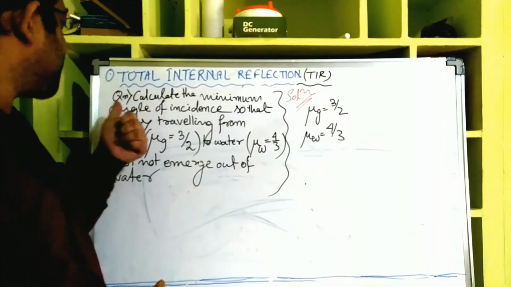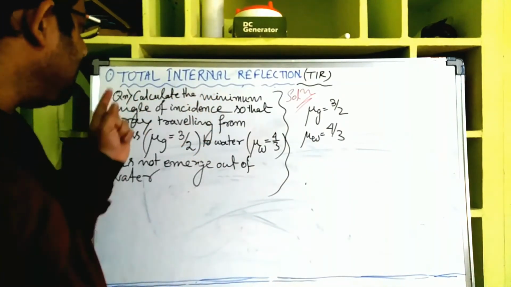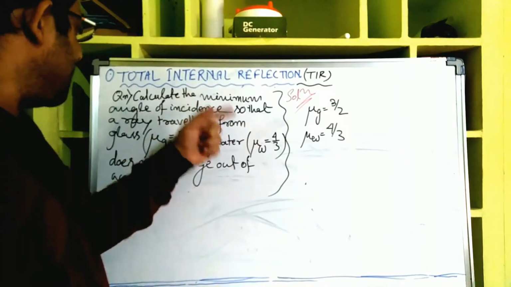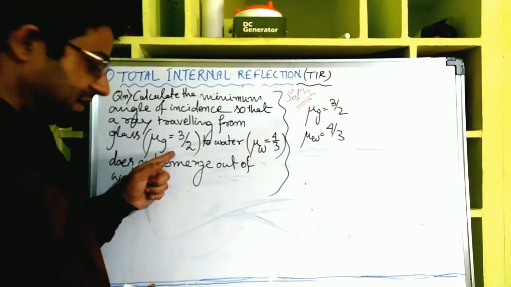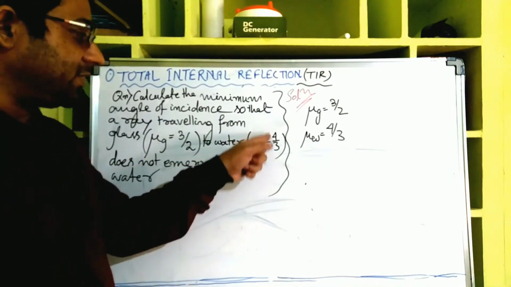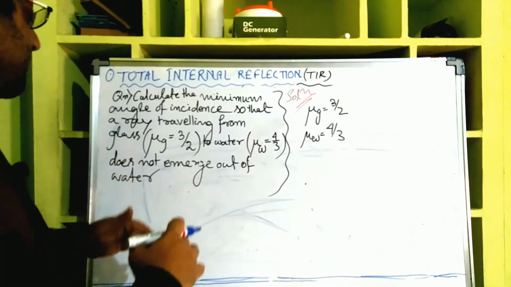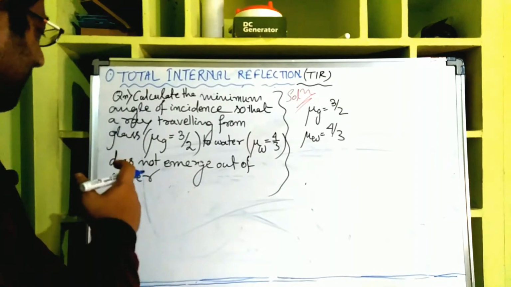Now let us take up a simple question which says: calculate the minimum angle of incidence so that a ray traveling from glass, refractive index of glass is given to be 3 by 2, to water, refractive index of water is given to be 4 by 3, does not emerge out of water. Now see, isn't this a question of total internal reflection?